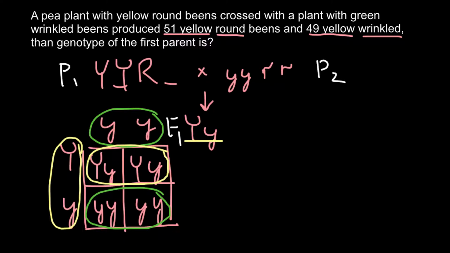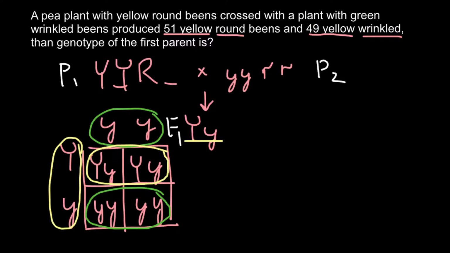Now let's consider the second trait, whether beans are round or wrinkled. We see that in the F1 generation about 50% have round beans and about 50% have wrinkled beans.